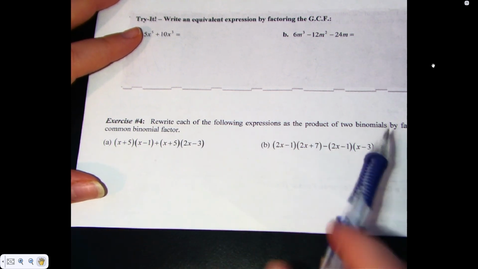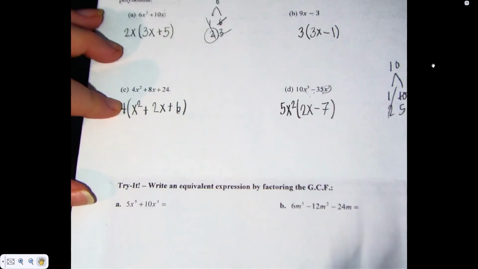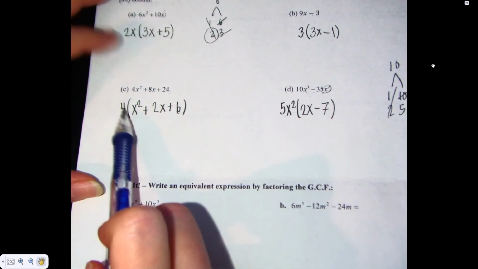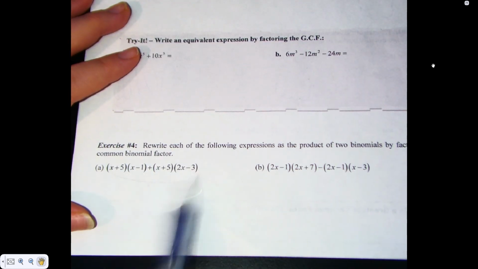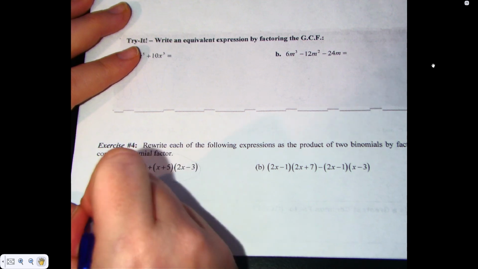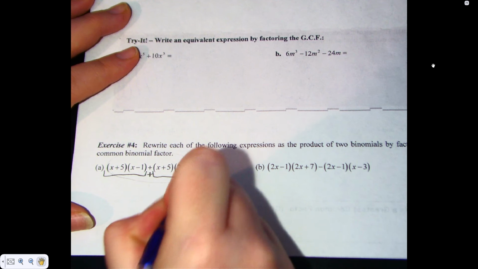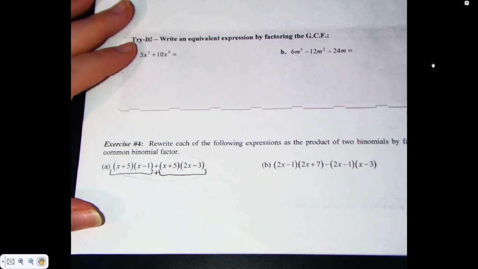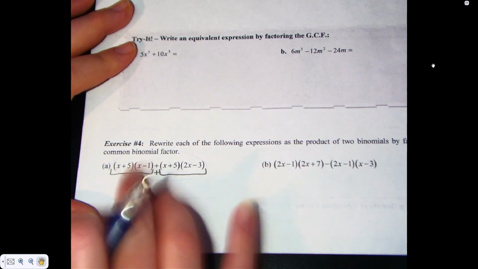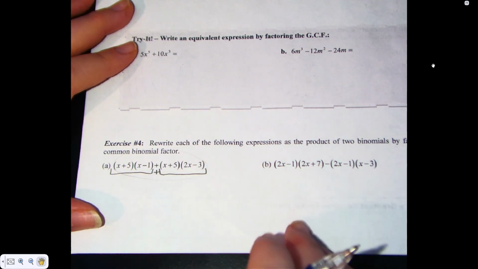Now, this is kind of the challenge one. Rewrite each of the following expressions as a product of 2 binomials. So we only saw expressions involving exponents and numbers up here, but that is okay. If I look here, notice what's happening. I have a multiplication of binomials added to another multiplication of binomials. If I look at these, they have something in common. It does have a greatest common factor. Your greatest common factor can absolutely be a binomial, okay?